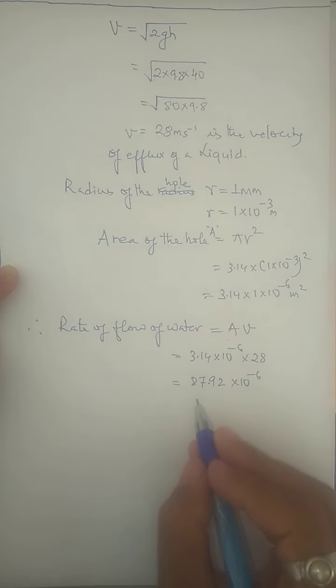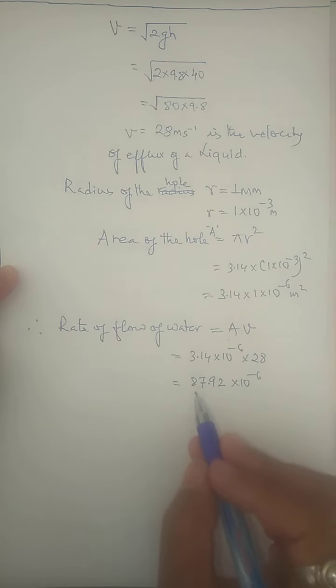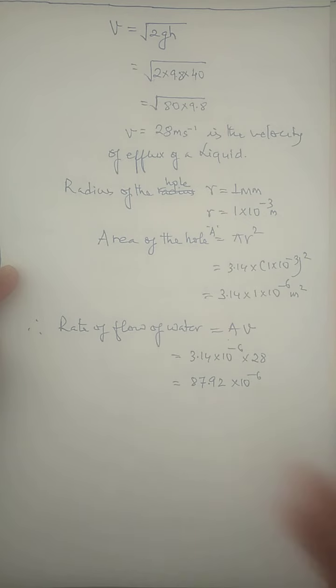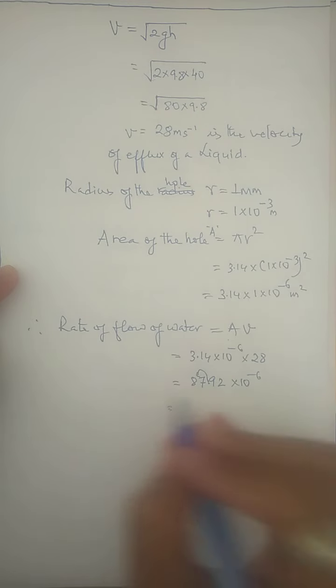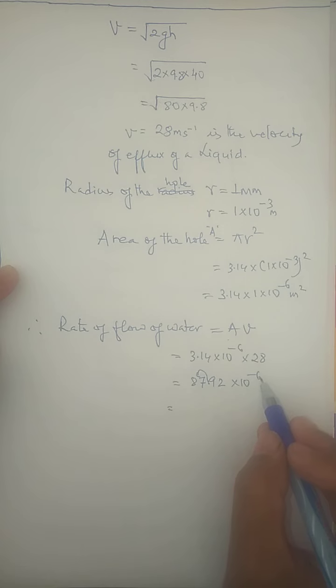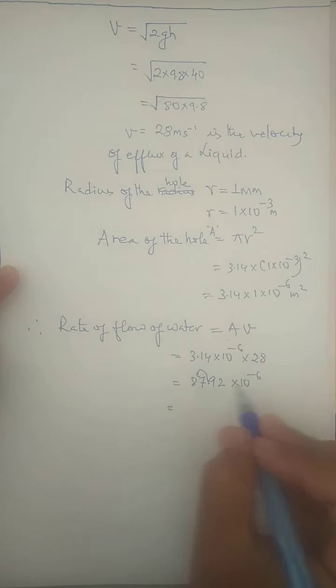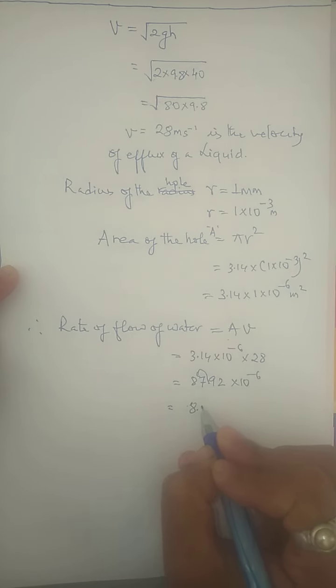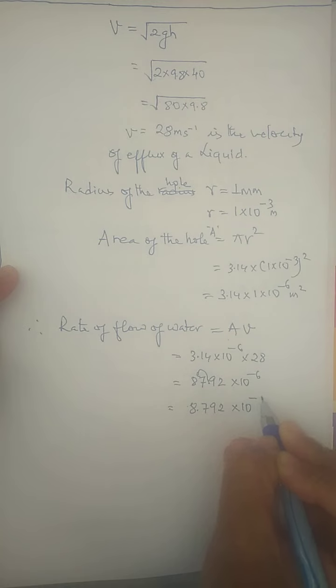But this number is in 2 digits, so I write the answer in a single digit. I move the decimal 1 place to the left. When you move the decimal 1 place to the left and there is a negative power, the power decreases by 1, which means 87.92 can also be written as 8.792 into 10 to the minus 5.